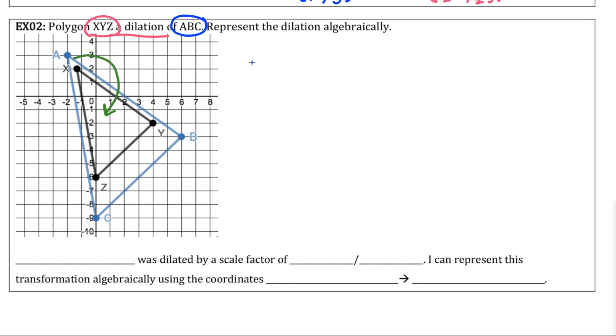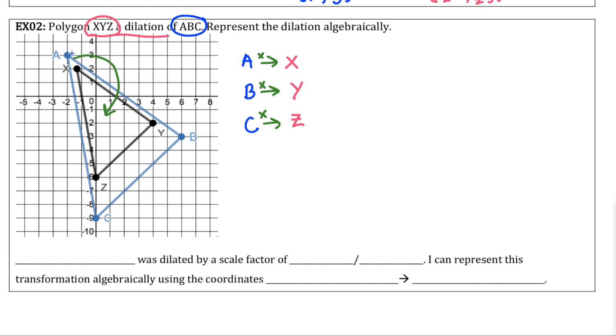So we had A, we had B, we had C. They were multiplied by a scale factor and became X, Y, and Z. We do not currently know what that scale factor is, so let's figure it out.